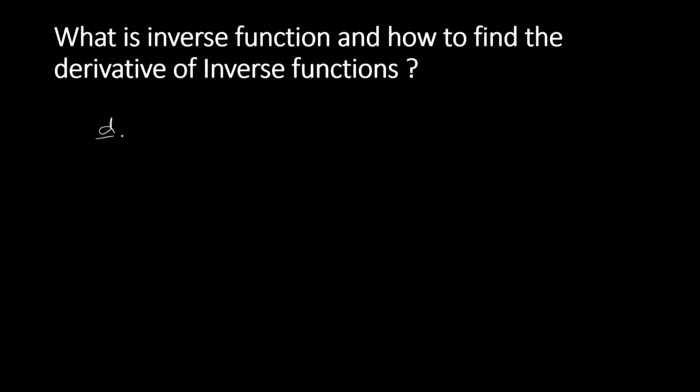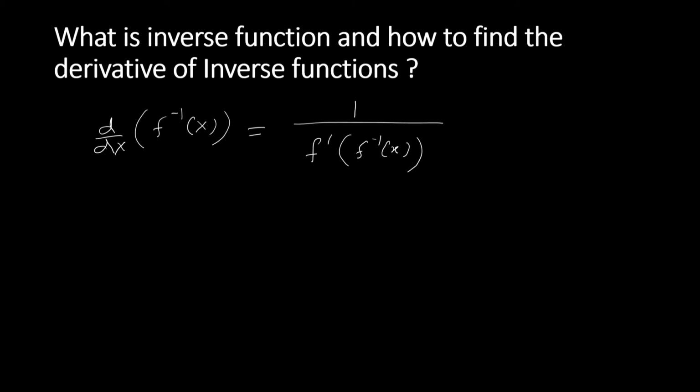Then d dx of f inverse x is equal to 1 over f dash of f inverse x. Let's have f inverse x is equal to square root of x, and f of x is equal to x square.